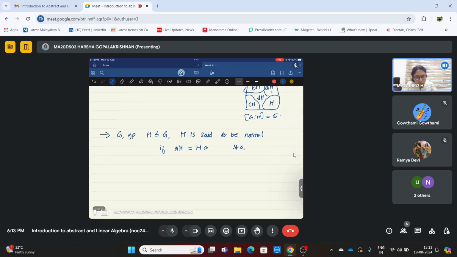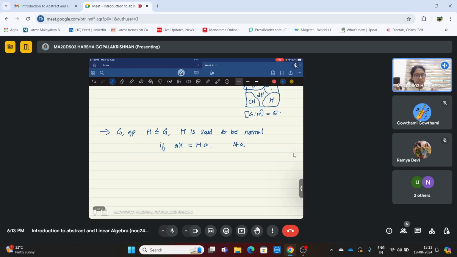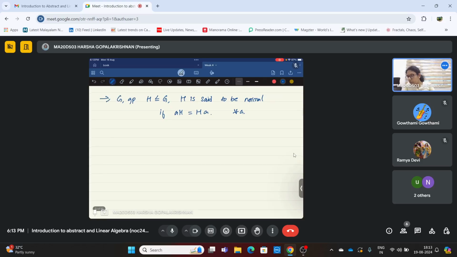In this case we will say H is a normal subgroup of G. We usually denote this with the symbol H ⊲ G. This is the notation of a normal subgroup.